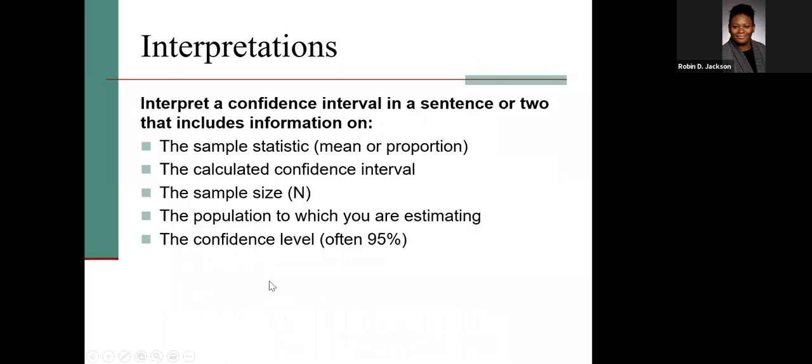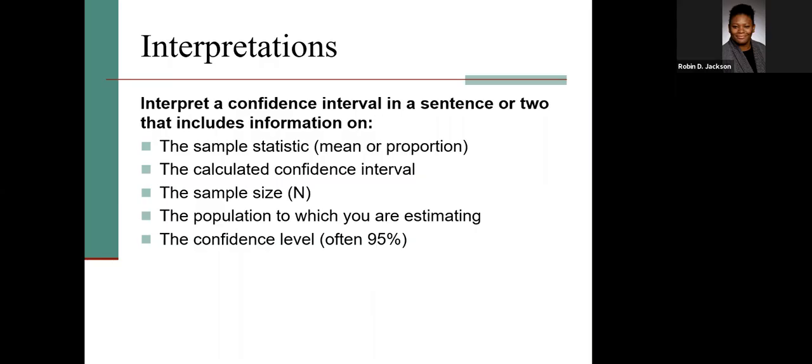So when you're interpreting a confidence interval, there's information that you must present. The point of calculating the confidence interval is to learn the information listed in the slide above. There are certain things that you need to have when you are interpreting a confidence interval and writing a sentence.